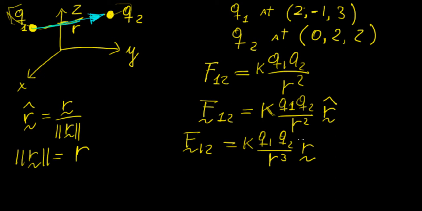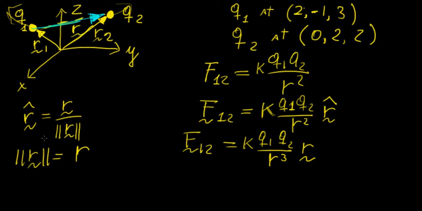Okay, so how do we find this vector r? There are different ways to approach it, but how about we use the same method that we used to begin with, which was to draw two vectors, one that goes from the origin to Q1 and another from the origin to Q2. Let's call these r1 and r2, and then this vector r is just going to be r2 minus r1.